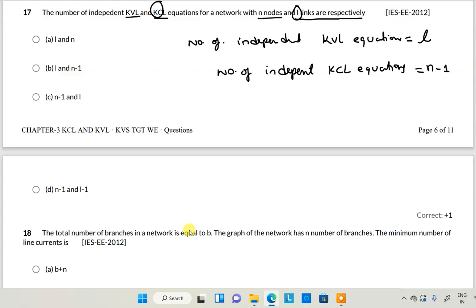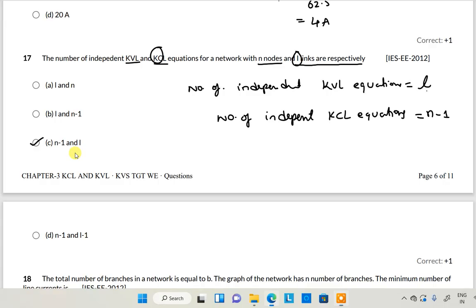So option B is the correct option. L comma N minus 1.